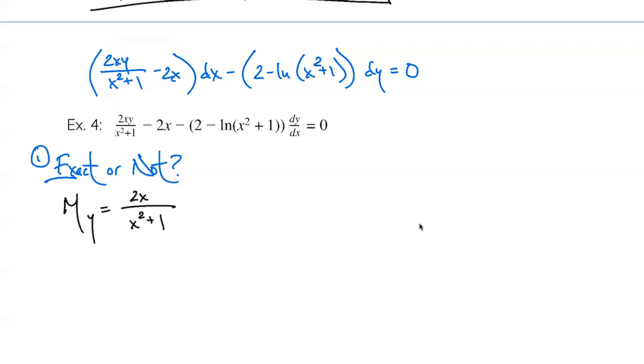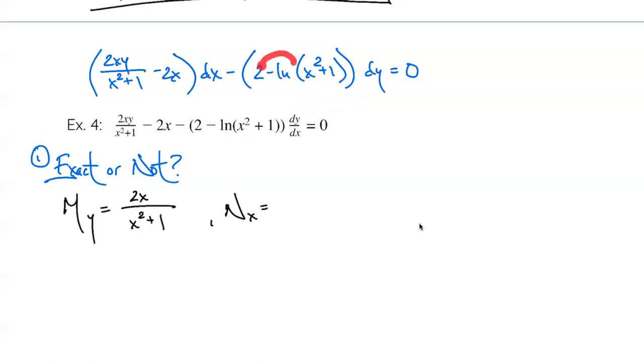I'm also not going to rewrite my N, but rather I'm going to take N and take a partial derivative with respect to x. So N sub x is going to be, let's see, the 2 goes away. This is a natural log situation, so it's nice to use a little bit of chain rule here.